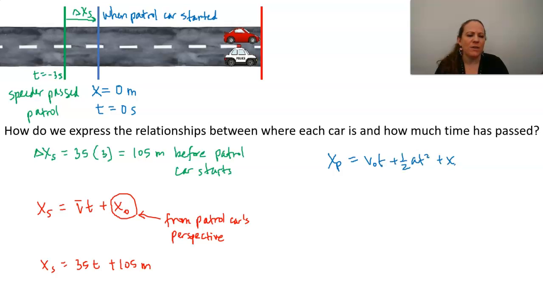Oh yeah, and we've got to include that initial position. Well, our patrol car had initial velocity of 0. They have their acceleration of 3 meters per second squared. And now we don't have to correct the time. And they, of course, did start at 0 meters. So now our patrol car has a relationship of just plain and simple 1.5 t squared.